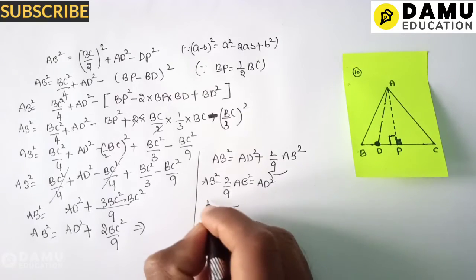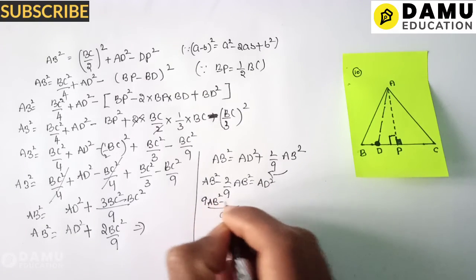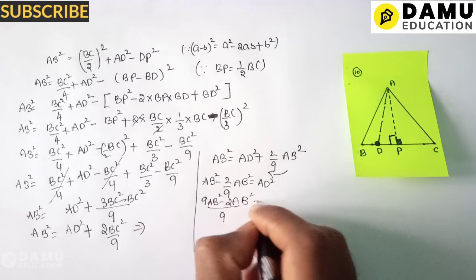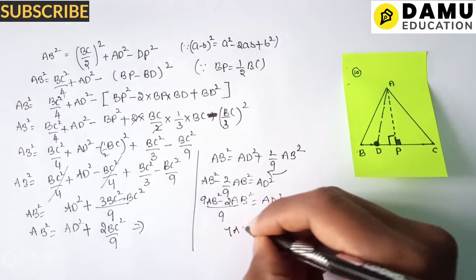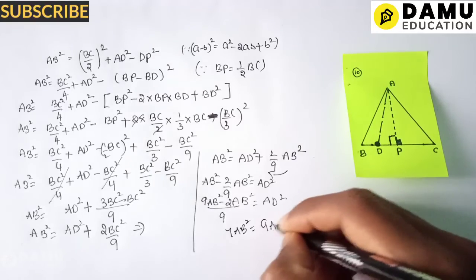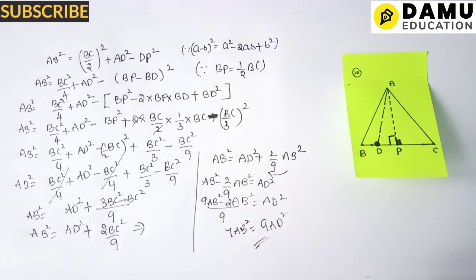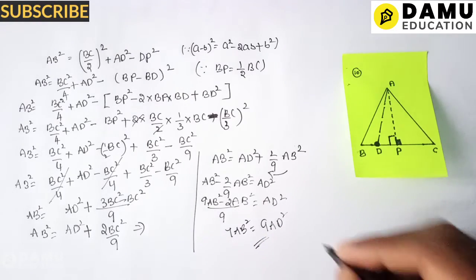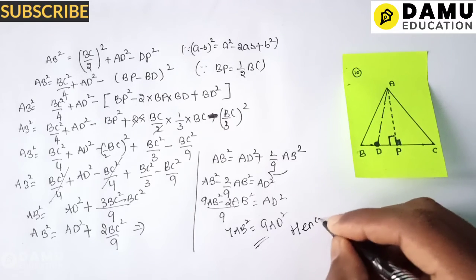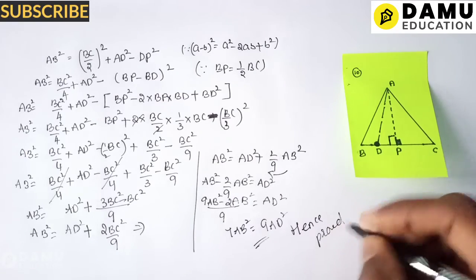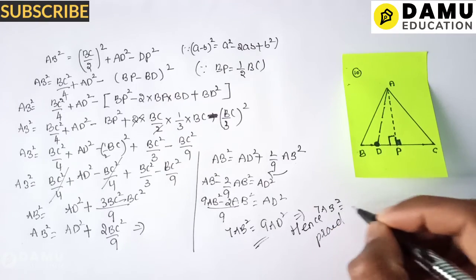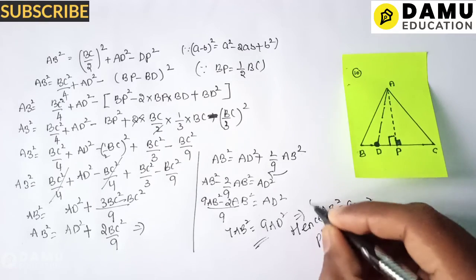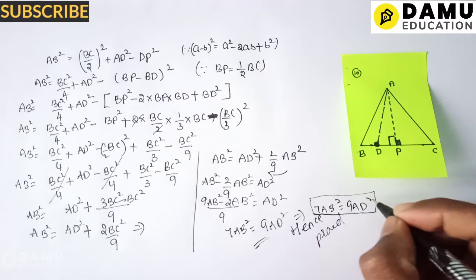Let's take the LCM: 9AB square minus 2AB square will be equal to 9AD square. That implies 7AB square will be equal to 9AD square. Hence proved. So this is the value.